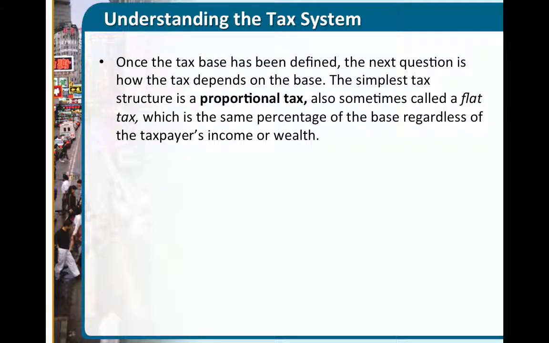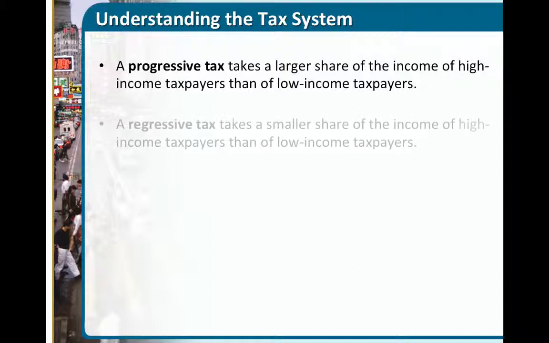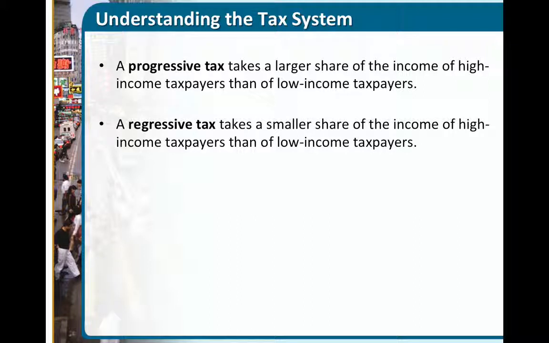So, okay, progressive tax. That's again what I explained before, and that takes a larger share of income from higher income taxpayers than low income taxpayers. A regressive tax takes a smaller share of income from higher income taxpayers than low income taxpayers. And you may think to yourself, why would any tax do that? I think it's more inadvertent.